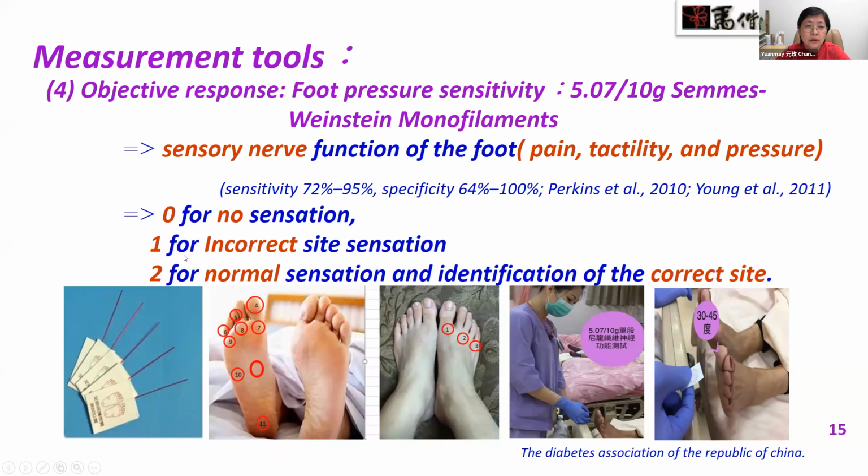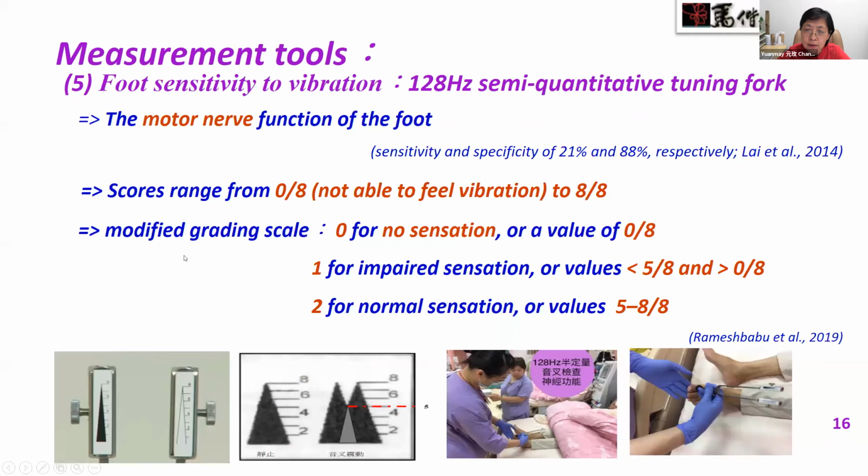Also, we will test foot sensitivity to vibration. We use a 128 Hertz tuning fork to test the patient's vibration sense. We place the vibrating tuning fork on the patient's large toe and ask them to report when they can no longer feel the vibration.